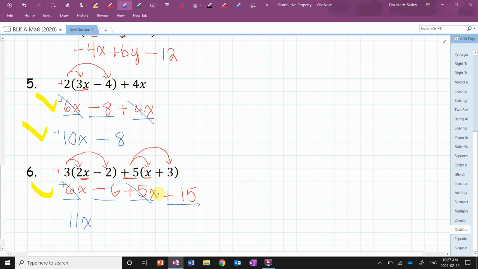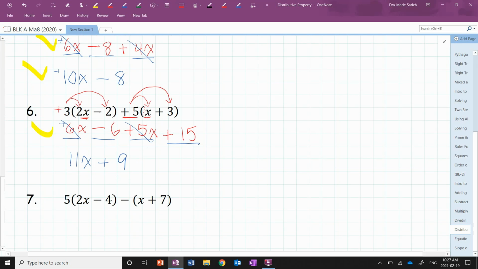So 6 of those cold are going to cancel 6 of those hots. And what are you going to be left with? You're going to be left with 9 hots. So that means plus 9. Okay? Negative 6 and positive 15 give us positive 9. All right, that would be a second mark.